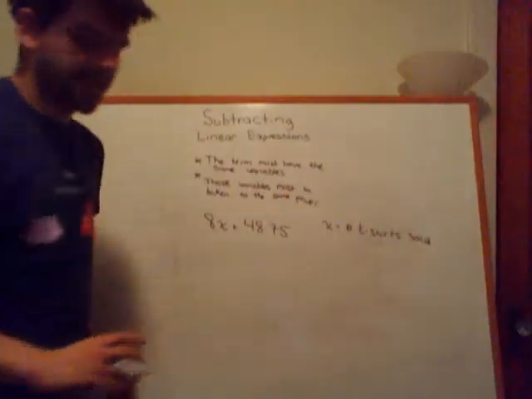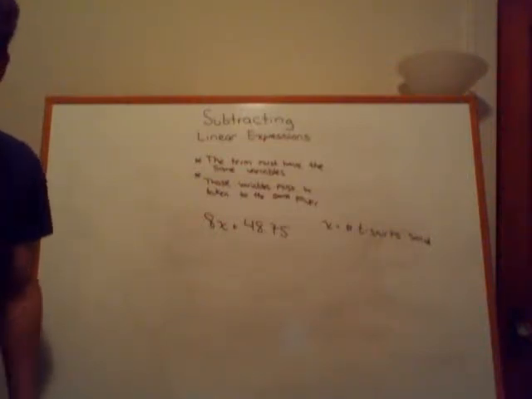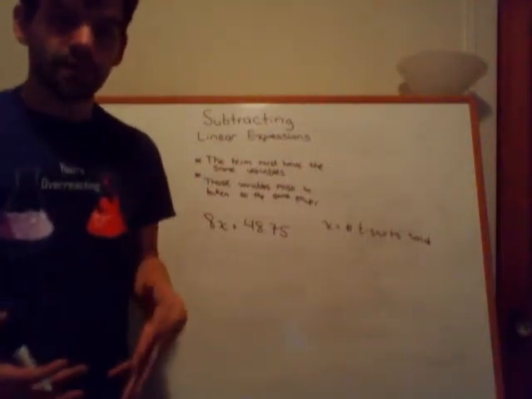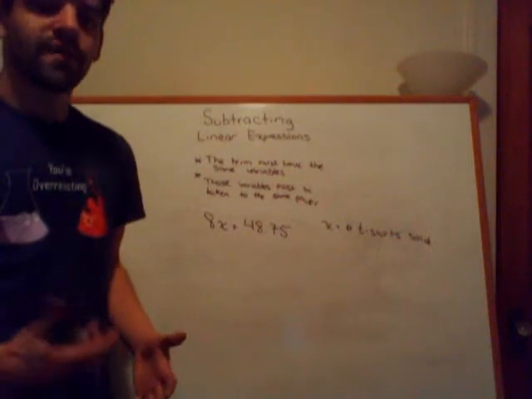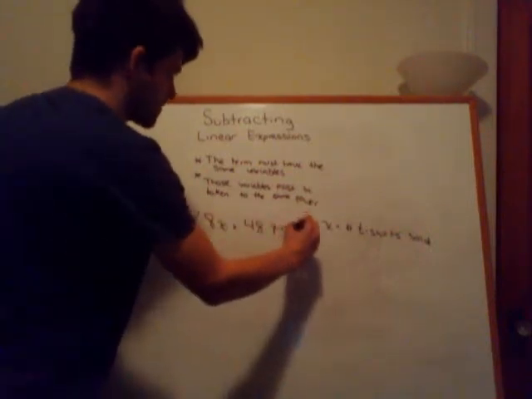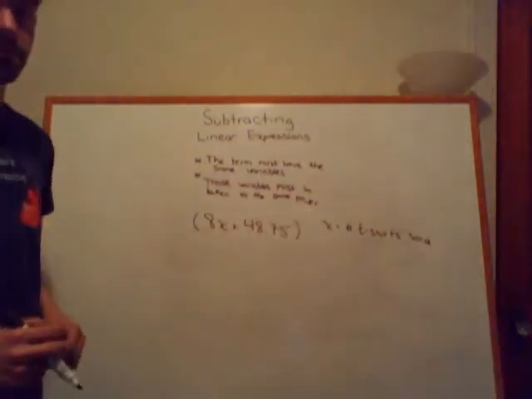Okay. Now, it says, if the team had to pay 2x plus $24 in expenses, write an expression to represent their profit. Now, remember that profit is total minus expenses. We have already determined that this expression is our total from the x amount of t-shirts sold.